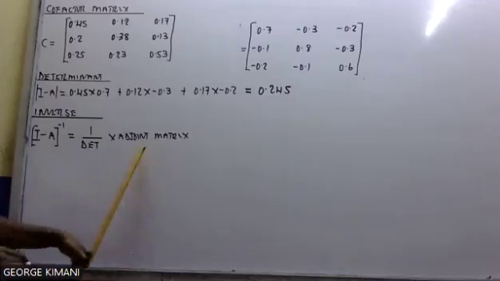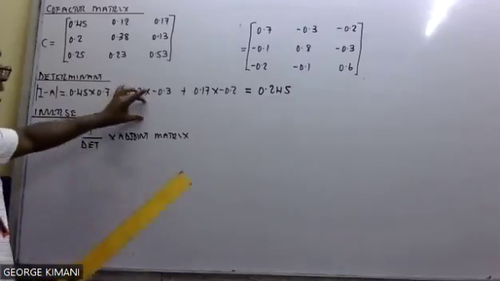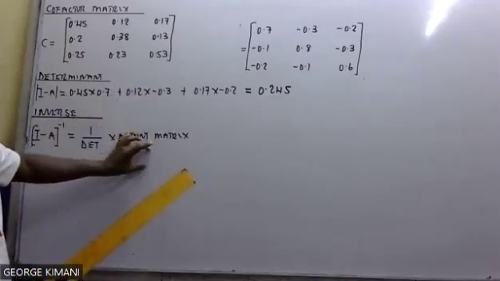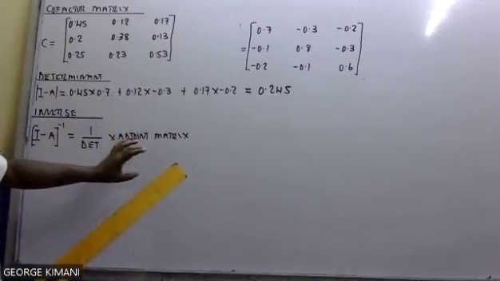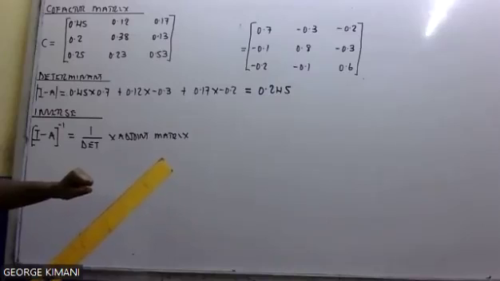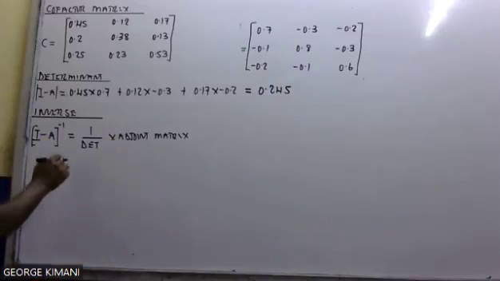To create the adjoint, is that okay? Am I confused? That is fine. Let me get it right. Adjoint, columns and rows. Yes.